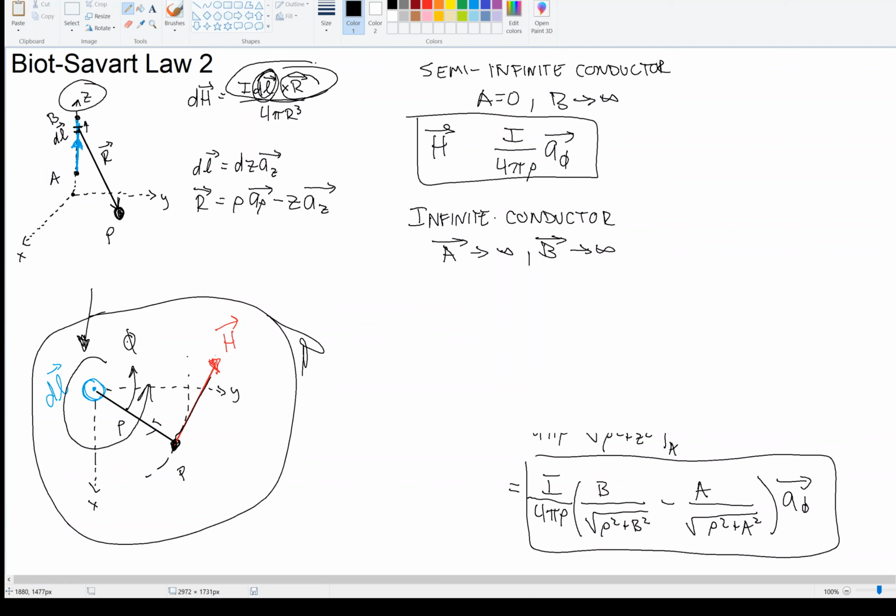So if A goes this way and B goes this way, this would be 1 over 1 plus 1 over 1. So that would be 2, and that would cancel with a 4, so we would have the magnetic field intensity due to an infinite conductor is this thing here.